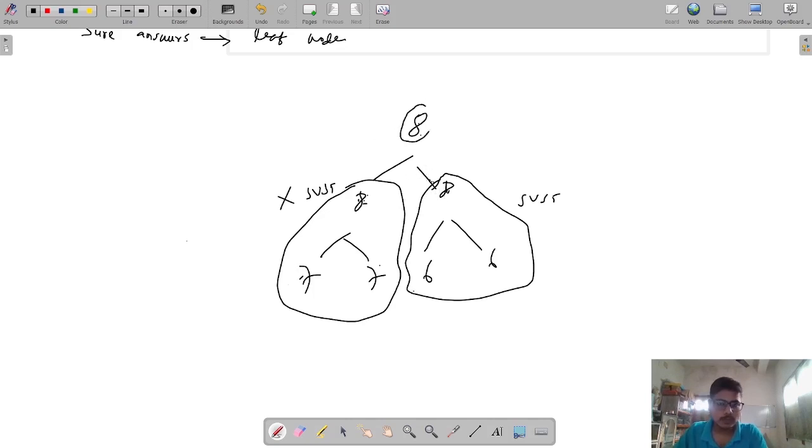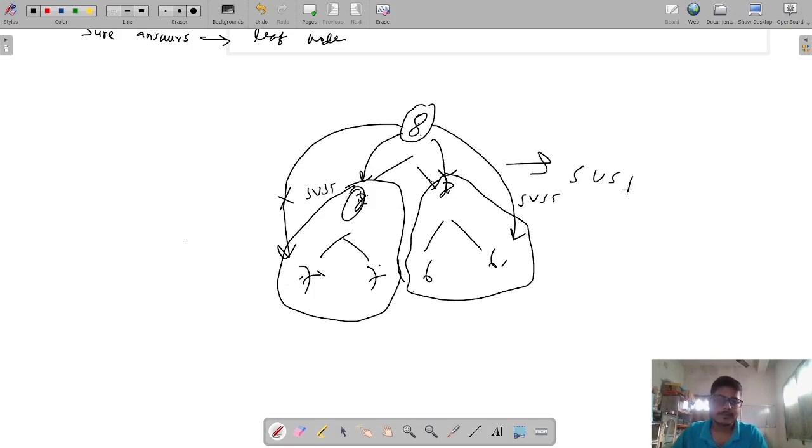If this value is already equal to this 8 or this 8, that doesn't matter now, because it will not be equal to all other values in here, since this is not a single value subtree. So this will never be a single value subtree. So this is a necessary condition, right?